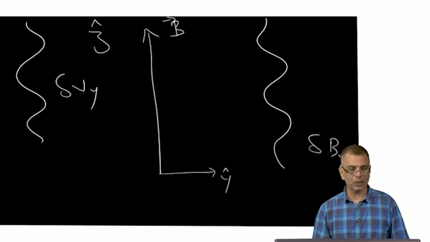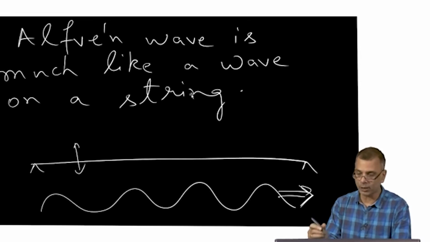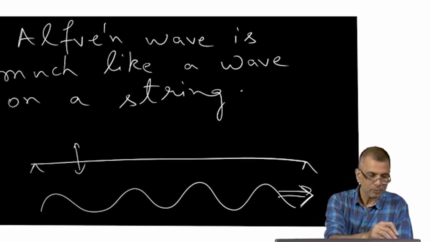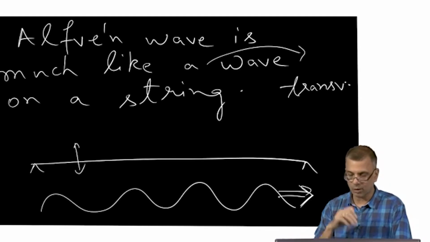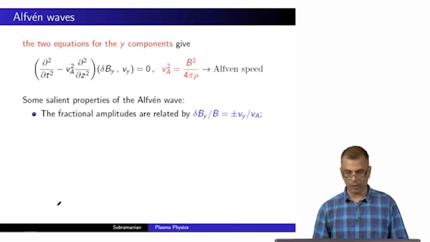So in that sense, the Alfven wave is much like a transverse wave on a string. This is something important to keep in mind as we go ahead.